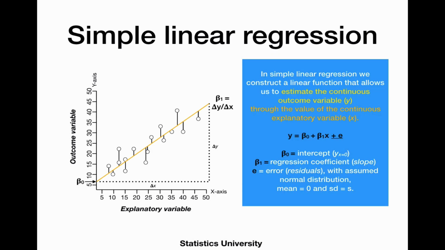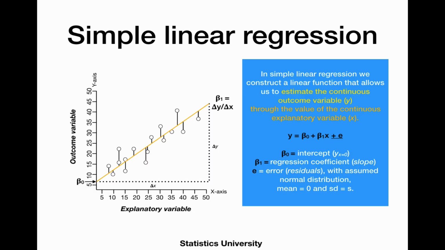So to conclude this section about simple linear regression, we construct a linear function that allows us to estimate the continuous outcome variable y through the value of the continuous explanatory variable x. And we use the formula y is beta 0 plus beta 1 times x.